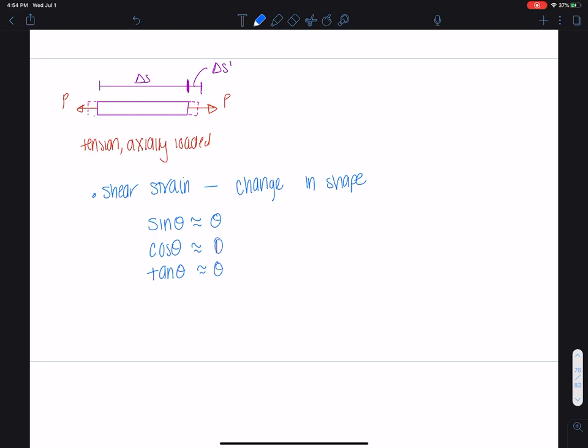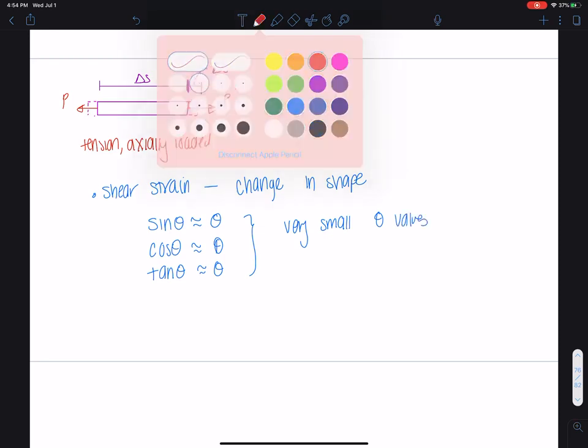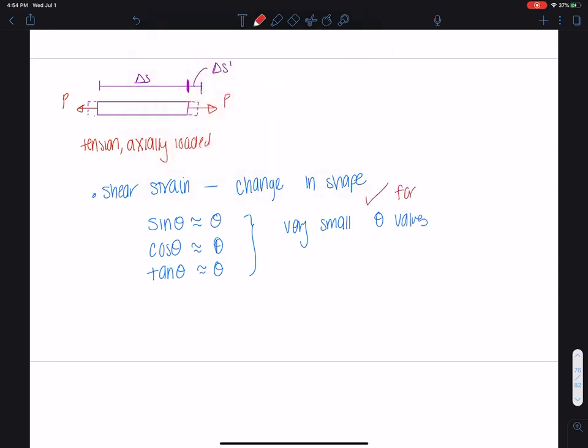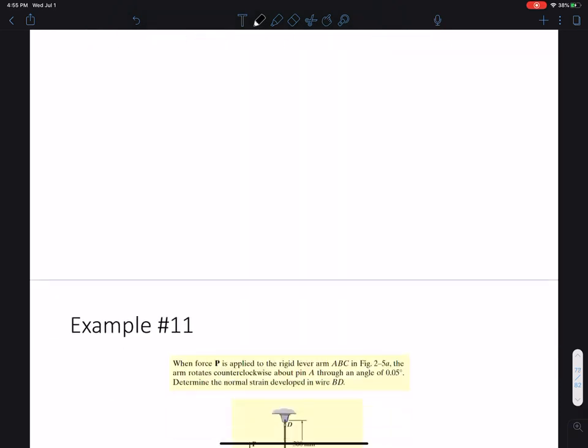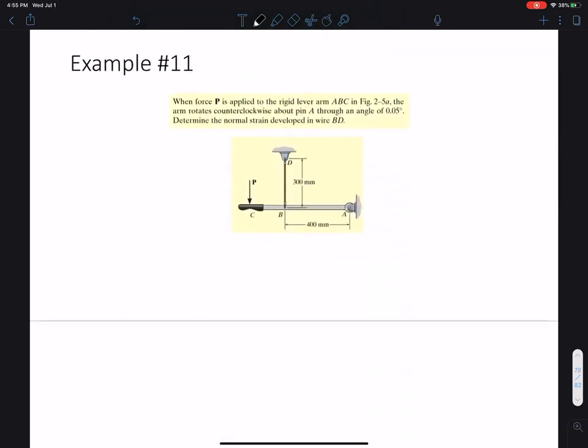Okay, and this is true for very small theta values, which is okay to use for CE design, because we're not trying to get our systems to move or deform too much. Okay, and we'll talk more about this in some further examples as well.